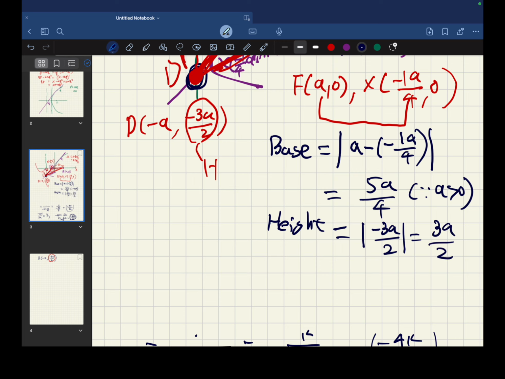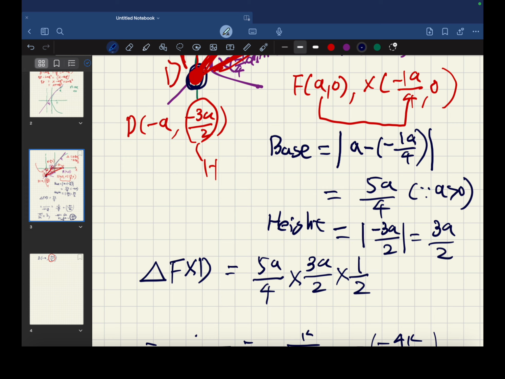So the area of the triangle FXD is 5a over 4 times 3a over 2 divided by 2. So that must be 15a squared over 16.